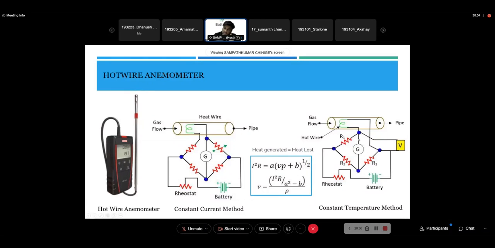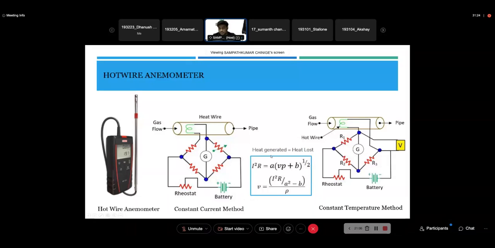So it brings back to the original position. Therefore the circuit is maintained at the same temperature, the prior temperature, even after the flow is happening over there. Whatever temperature is reduced, we are making it again to be at the same temperature by sending an extra current through the circuit. So from this you will be able to find out the velocity of this particular flow. These are the two methods generally we will be using.